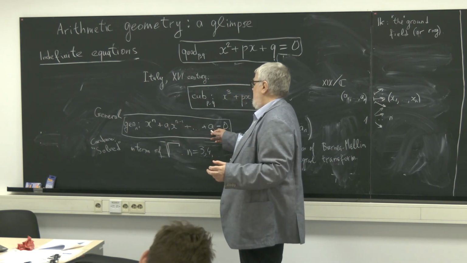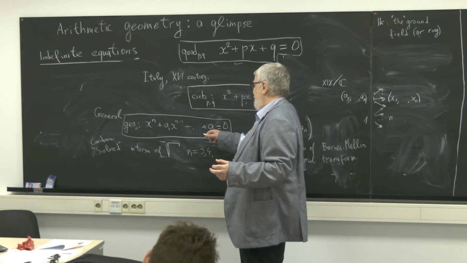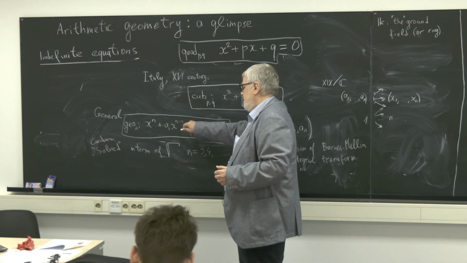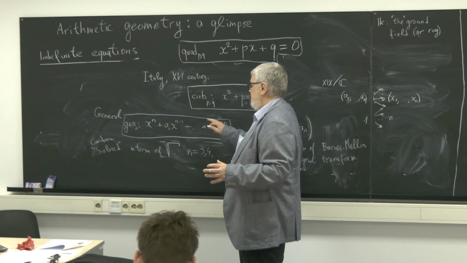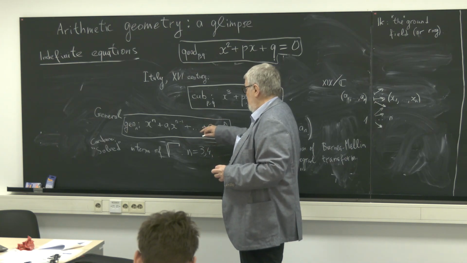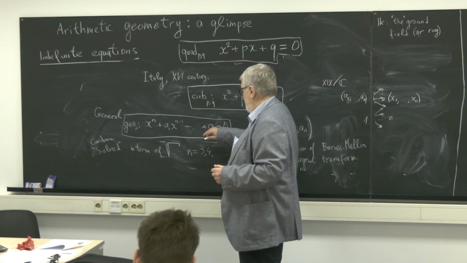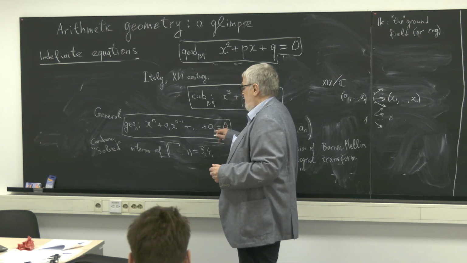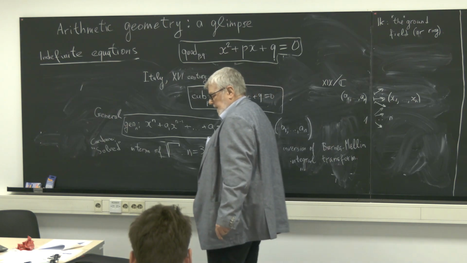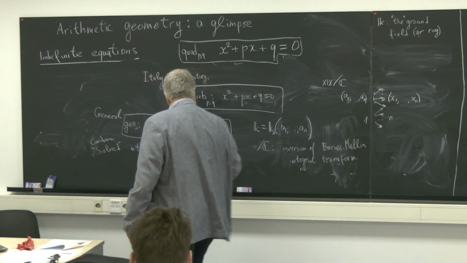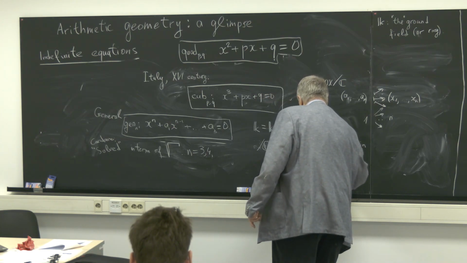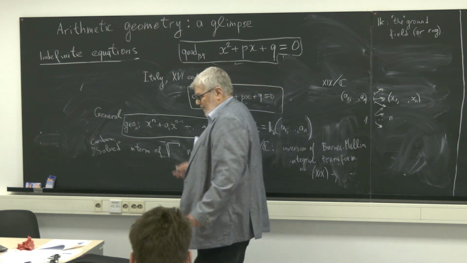Well, for example, it can happen that, say, a sub n is -1 and the others are close to 0. So the solutions will be close to the nth roots of 1, and there is one distinguished. And for this root, you can write a highly transcendental formula. Again, it belongs to the 19th century and is not very well known now.